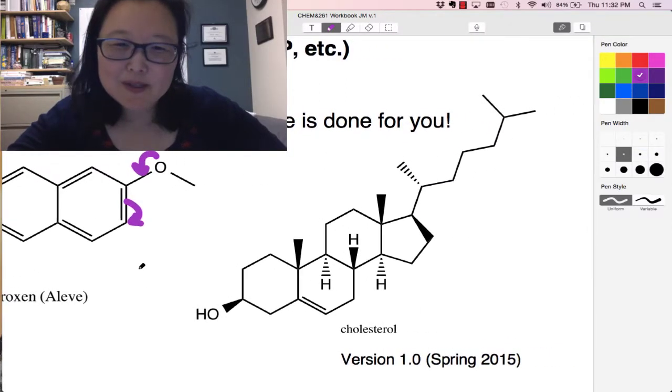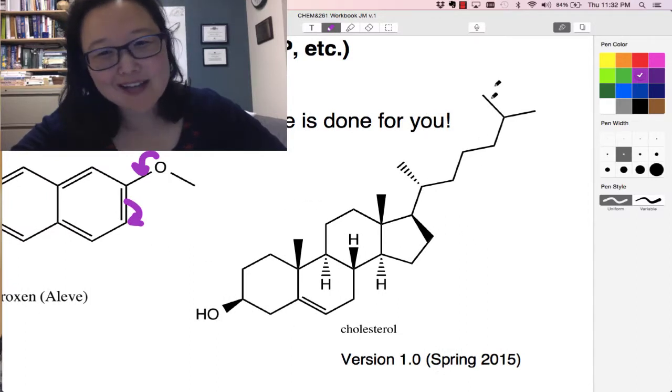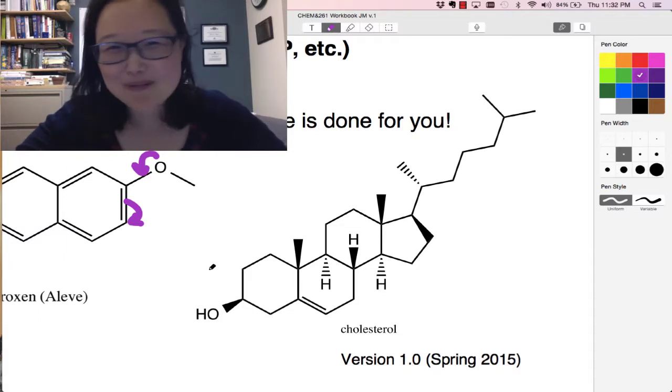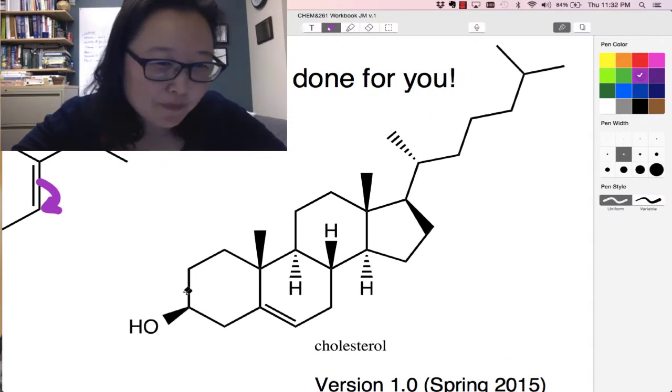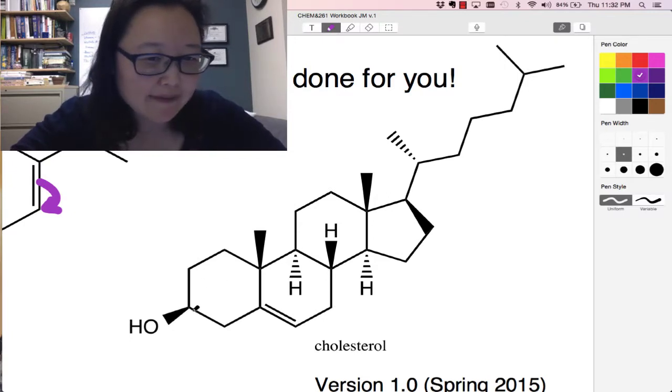In this molecule, it's really tricky because you've got this very complex molecule. Cholesterol actually is considered a small molecule, but for us, we're just learning OChem right now. This probably looks pretty big to you. All right, so here we've got 4 different groups, and I think it's probably the first time you're thinking of a ring as having one group going this way and one group going this way.